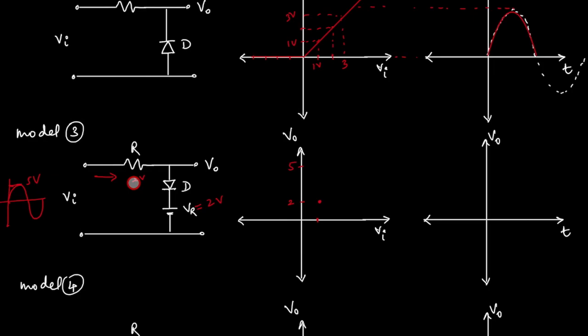Can 1 volt overcome 2 volt? No, 2 volt is bigger than 1 volt, so it cannot overcome. So here you have 2 volts only. Initially, for input 0 to 2 volts, output voltage is 2 only. So why did I draw this line? I'll tell you. For input 0 to 2 volts, you'll get that at the output. But when the input exceeds 2 volts, what happens?